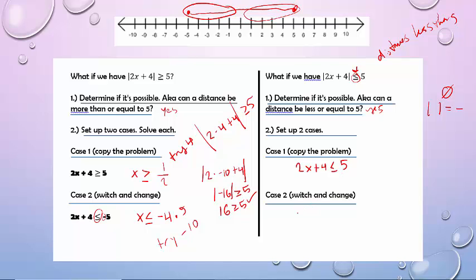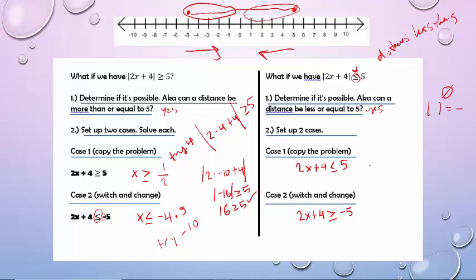The case 2, we're still going to use the 2x plus 4, but this time we also want our numbers to be greater or equal to -5. So these should kind of make sense with the number line. Numbers less or equal to 5 versus numbers greater or equal to -5. All of these numbers are within 5 spaces of 0.